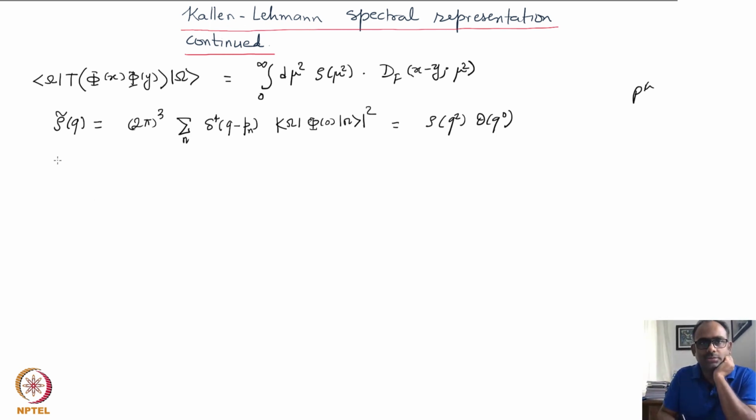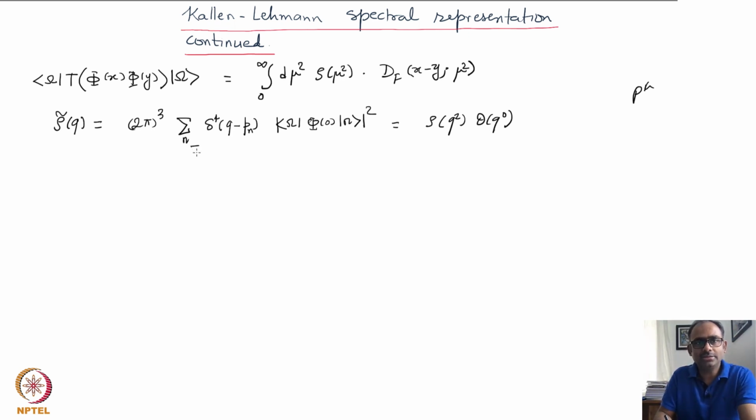Now rho tilde of q, or equivalently rho of q square, gets contributions from all possible states n: single particle states, two particle states, three particle states, and in general everything will contribute.